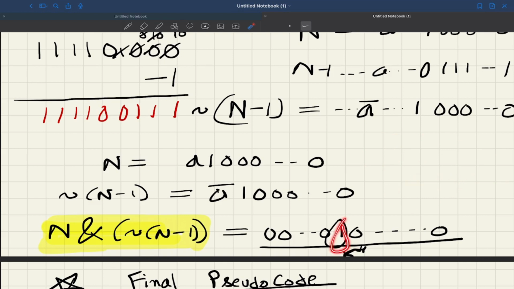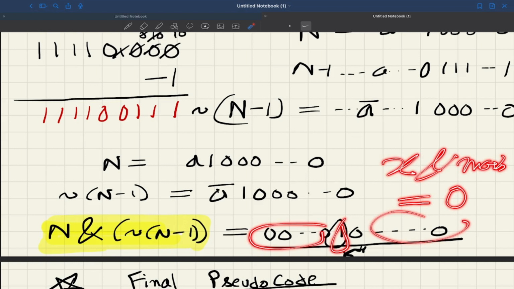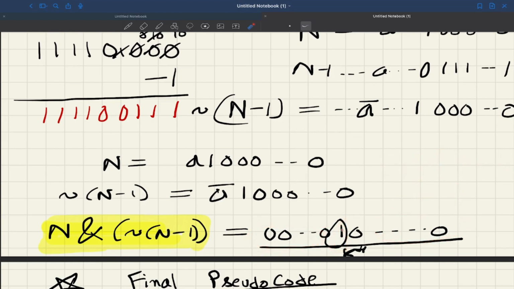But if the kth bit is not set in x, then x AND mask will give me 0 only, because AND with 0 will become 0, and we have one at this kth position only, right?